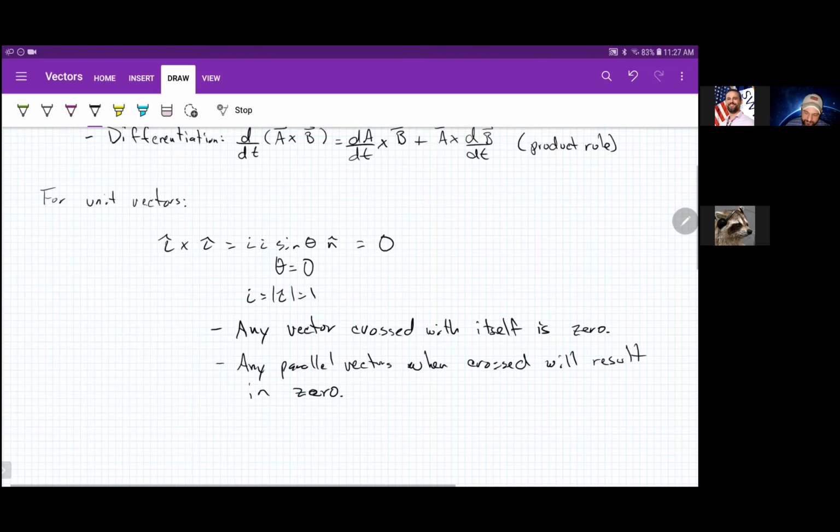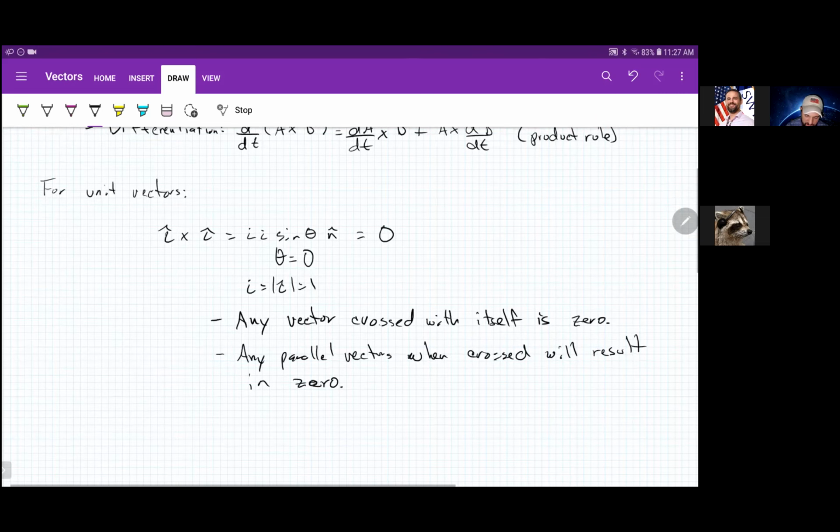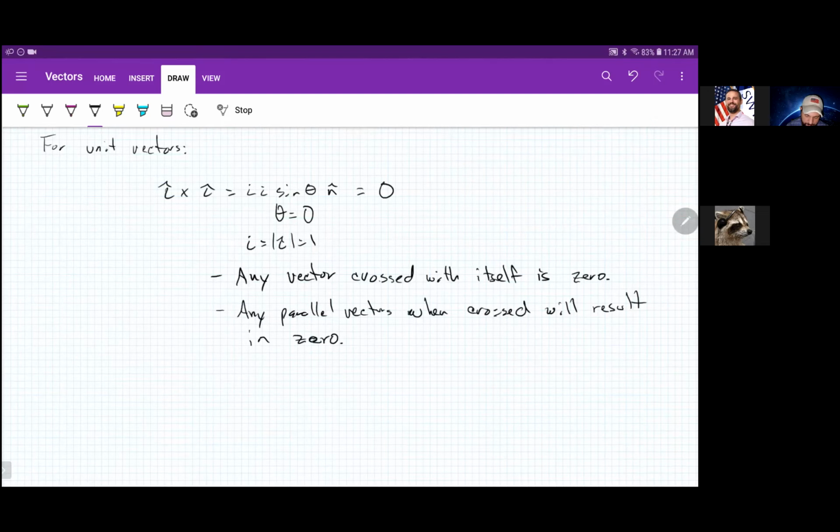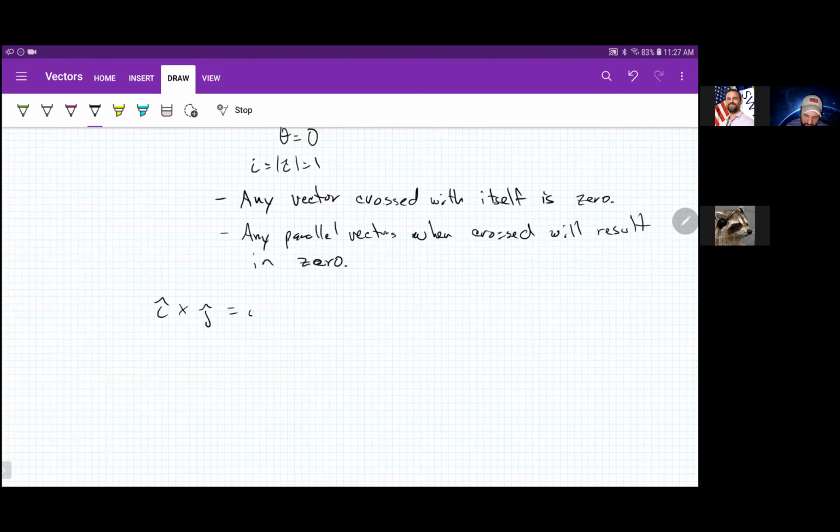How about two different? So let's do i cross j. That's going to be the magnitude of i times the magnitude of j times sine of theta n hat, right? Well, these are 90 degrees to each other, and the magnitudes of both are 1. So we're going to have a 1 times a sine of 90 degrees n hat.